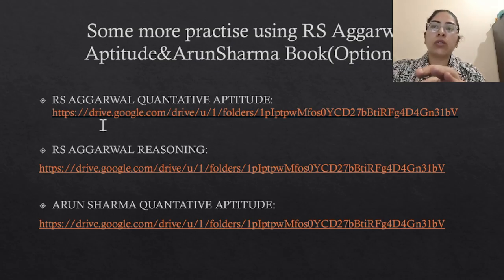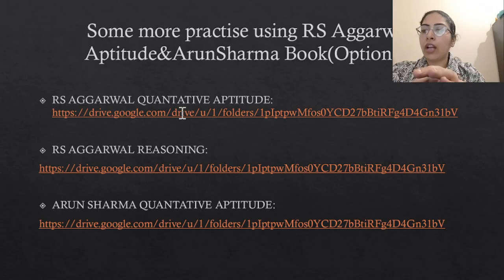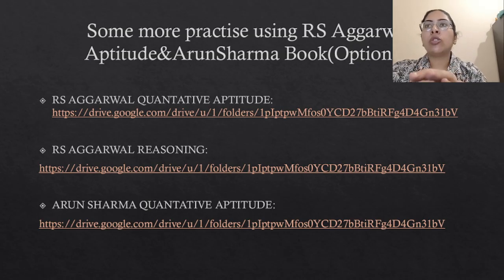Okay, so next is R.S. Agarwal reasoning book and Arun Sharma quantitative aptitude book. These three books I have provided the links. Simply click the link and you will find all three books: Arun Sharma Aptitude book, R.S. Agarwal Reasoning book, R.S. Agarwal Full Quantitative.